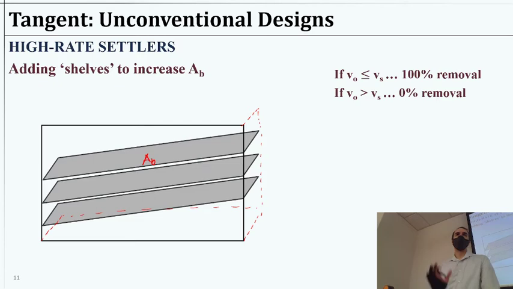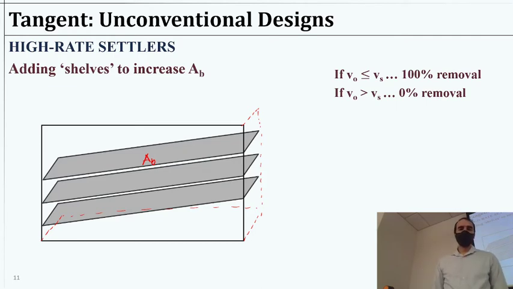Because for particle sedimentation, really what you need is it just to contact a surface, and then you've got all sorts of drag acting on that particle from that surface, and it's just going to accumulate a layer there. And so assuming that you can shut down your process and scrape it away carefully or use a vacuum or whatever you're going to do, assuming you have a reasonable system in place, you can just add more shelves, and then you have high rate settlers.